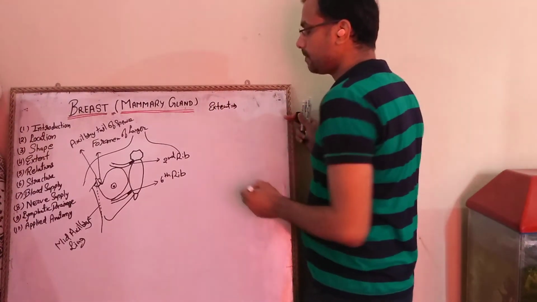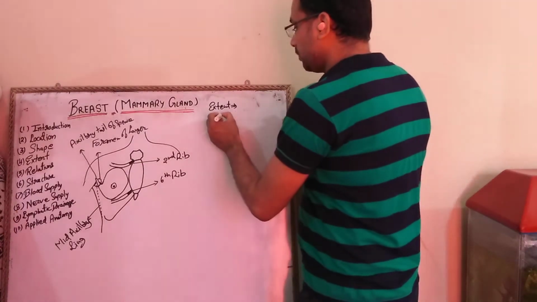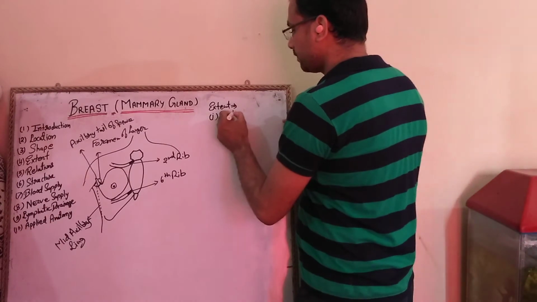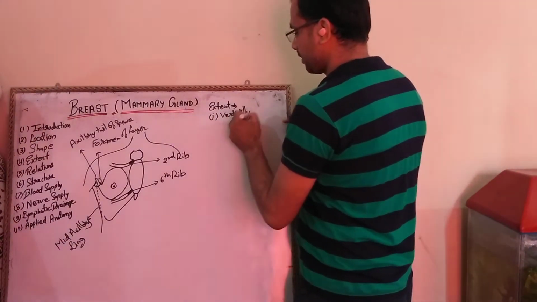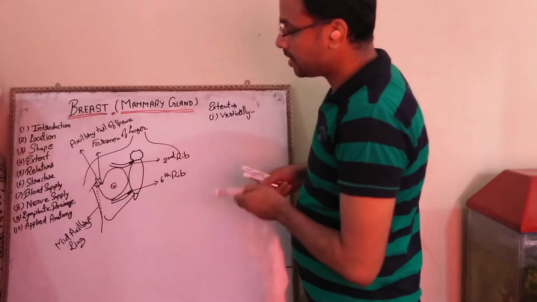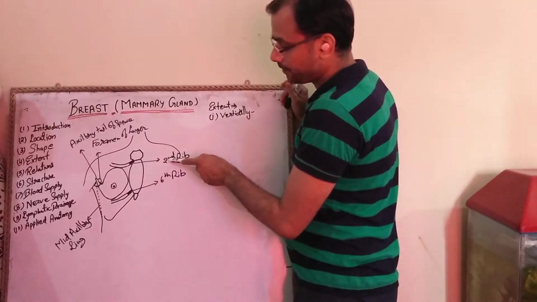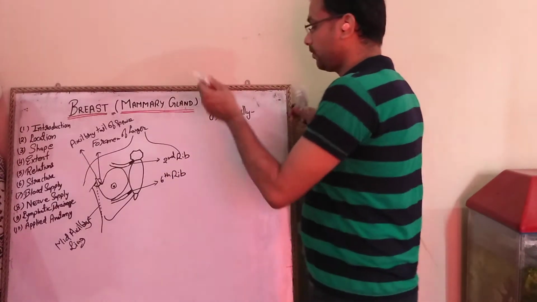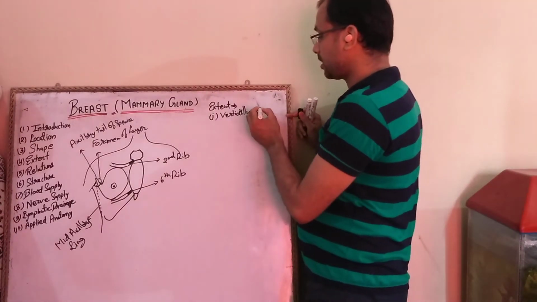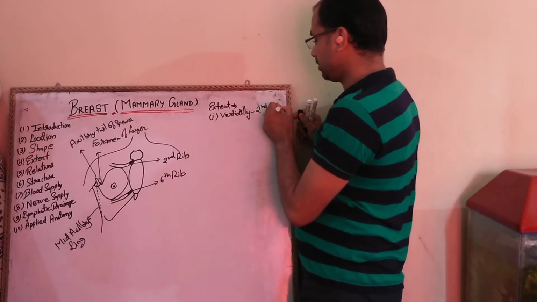If we talk about the extent of the breast, vertically it extends from the second rib up to the sixth rib.